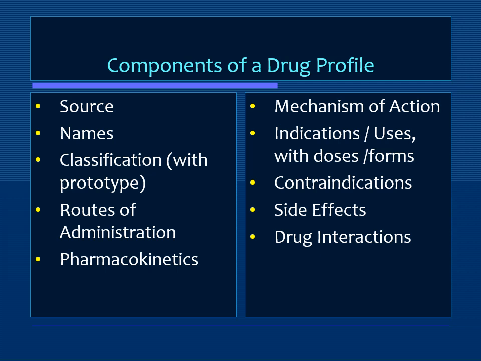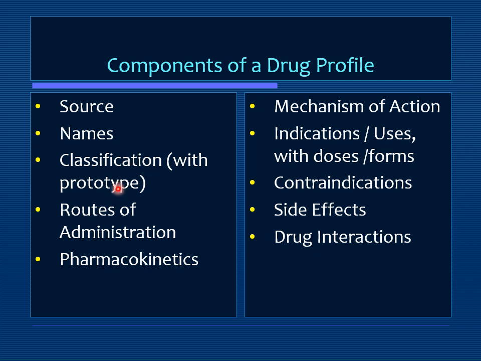Remember, there are different components under the heading of which we study a drug. So, a drug profile. What is the source, from where are we getting that particular drug? What are the names given? First of all, their laboratory name, then chemical names, then the brand name, and the pharmaceutical firm which was involved in the development of the drug.